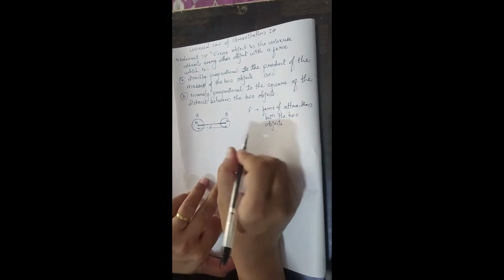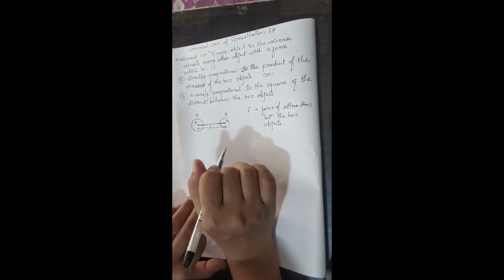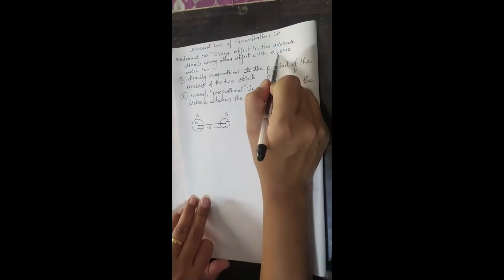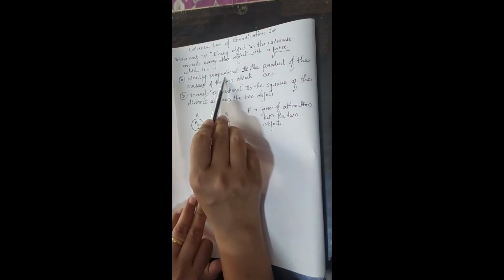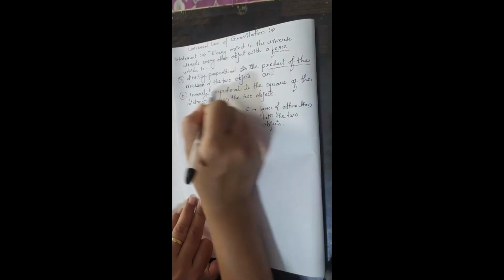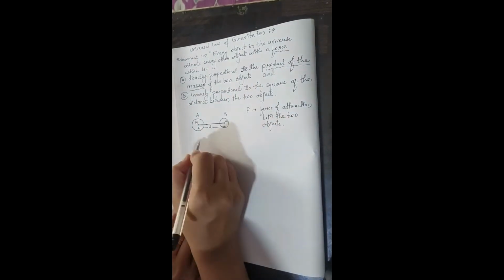Now, according to this universal law of gravitation, this force F is directly proportional to the product of masses of two objects.